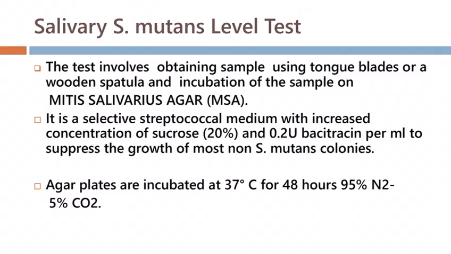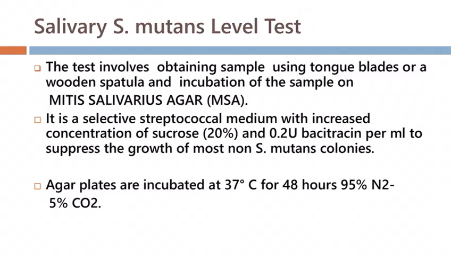Salivary Streptococcus mutans level test. This test involves obtaining samples using tongue blades or a wooden spatula and incubation of the sample on Mitis salivarius agar or MSA agar. It is a selective streptococcal medium with an increased concentration of sugar at 20% and 0.2 unit of bacitracin per ml to suppress growth of the other non-Streptococcus mutans colonies.